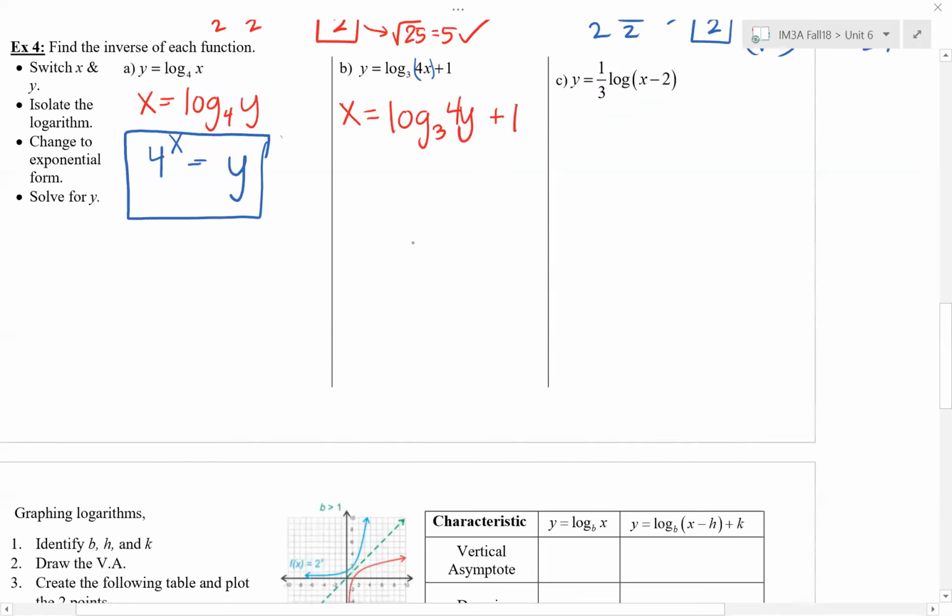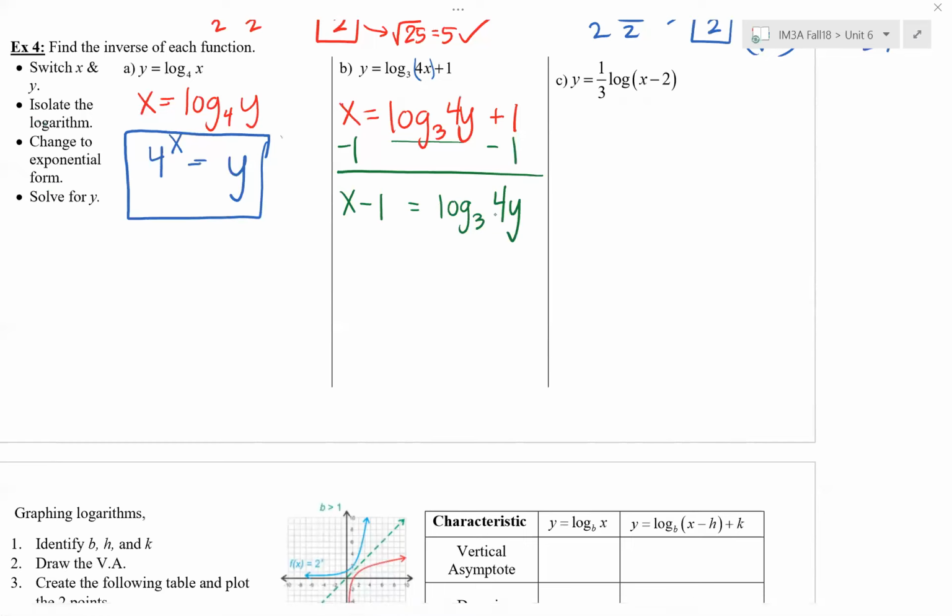And then I can now isolate the logarithm. So remember that we said this is all the log, so I have to subtract 1 from both sides, which gives me x minus 1 equals log base 3 of 4y. So now all I have is the log, the base, the thing that I'm taking the log of, and so I can switch it to exponential form.